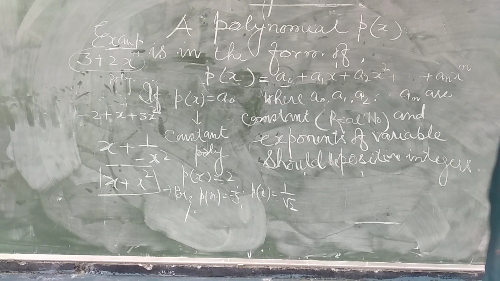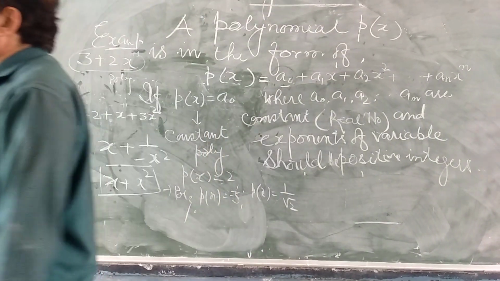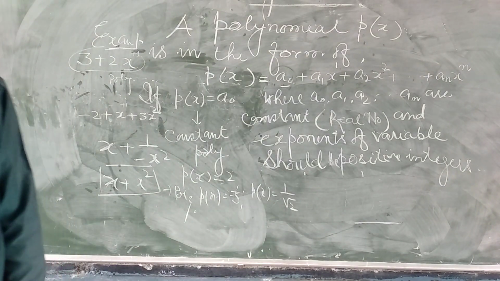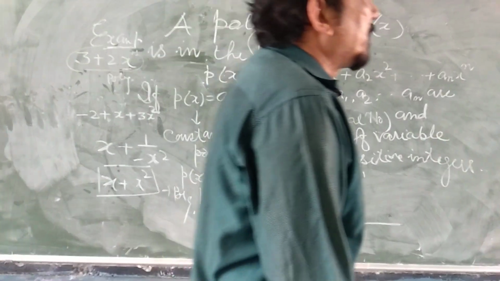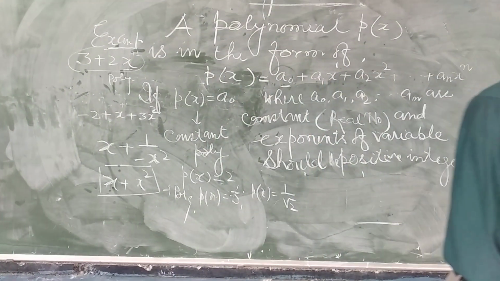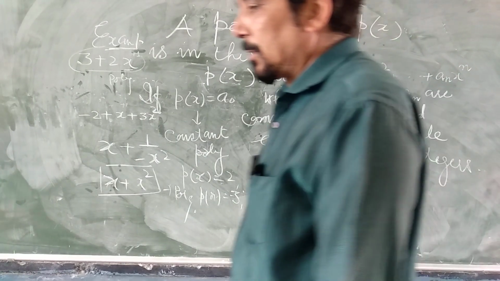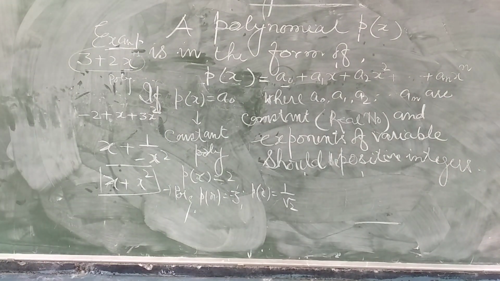If it is already rearranged, meaning the variables are in the numerator in each term, then check whether the exponent of variables in each term is a positive integer or not. If in all terms the exponents of variables are positive, then the given expression is a polynomial.